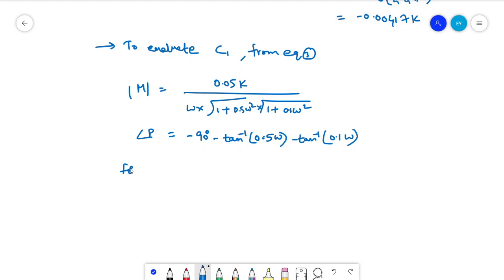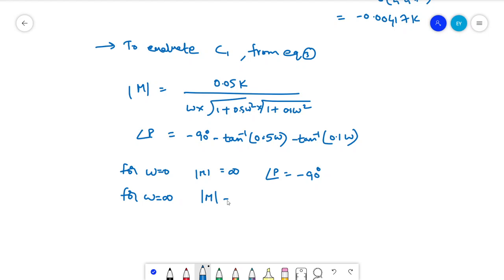For omega equal to 0, if you substitute omega equal to 0 in the magnitude, the denominator is 0, so the magnitude will be infinity. And what is the phase? If you substitute omega equal to 0, tan inverse of 0 is 0 and tan inverse of 0 is 0, so what is left over is minus 90.